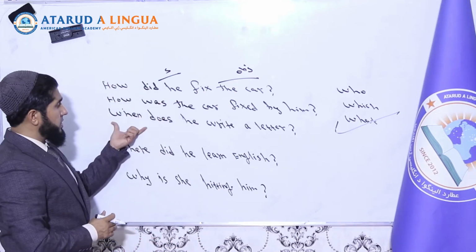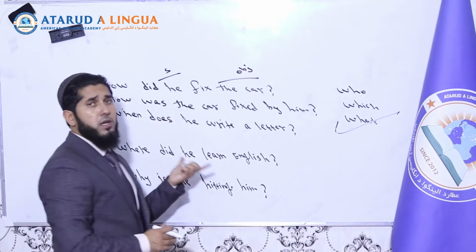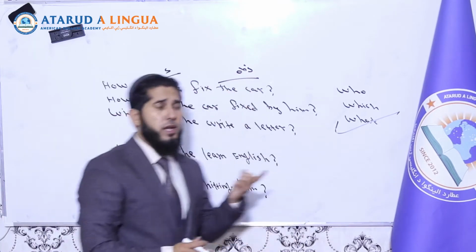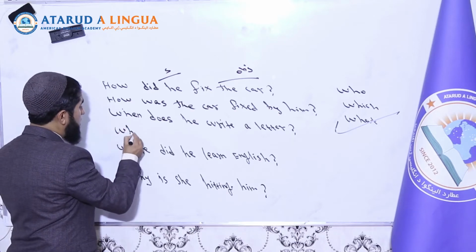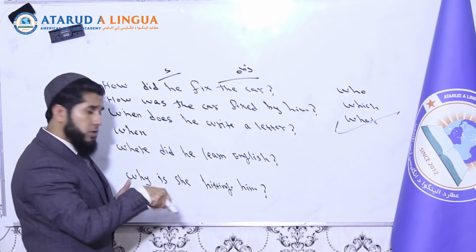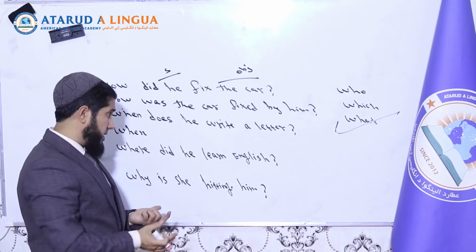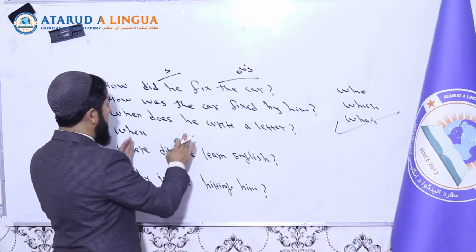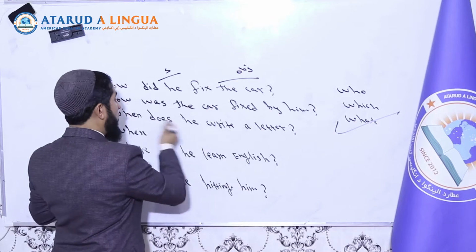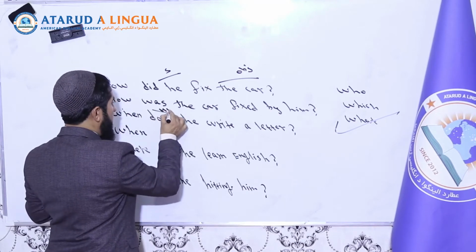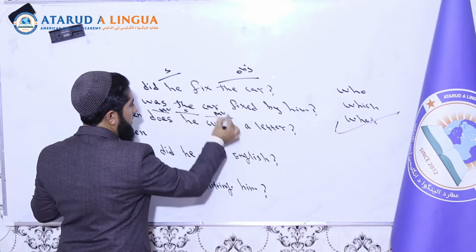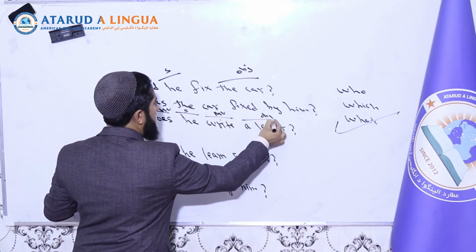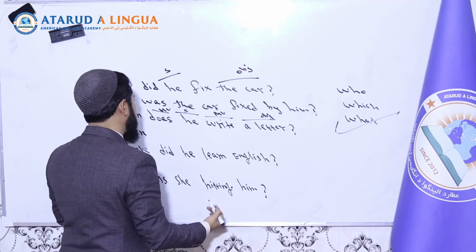Now look at the second sentence. When does he write a letter? Now the same WH question word should be used at the beginning of your passive sentence, but the changes are brought after that. Here, does is your helping verb, he is your subject, write is your main verb form, and a letter is your object, or the receiver of the action.